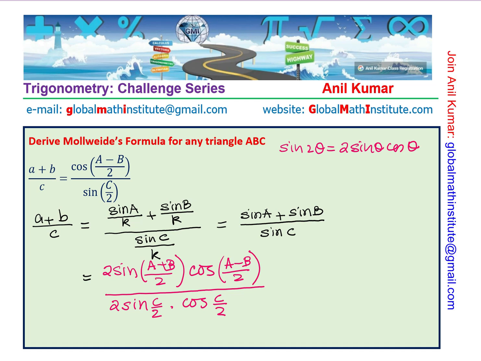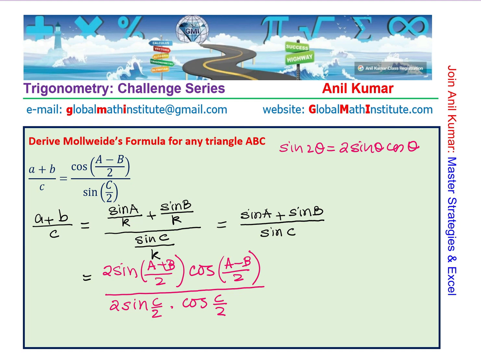Now you see, what is sine C by 2? We are interested in figuring that out. It's a triangle, so C is 180 minus A plus B, right?